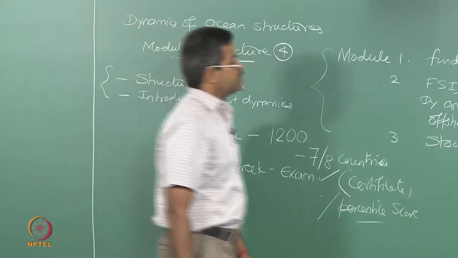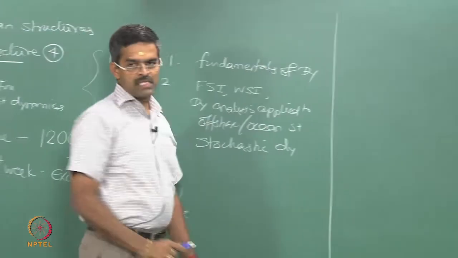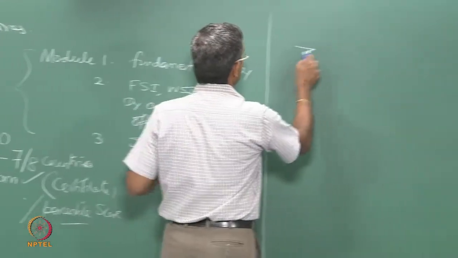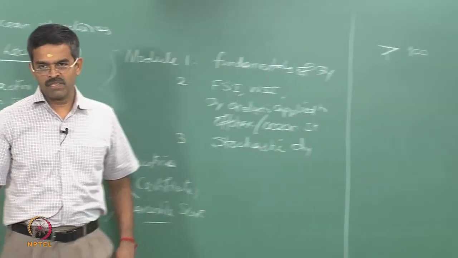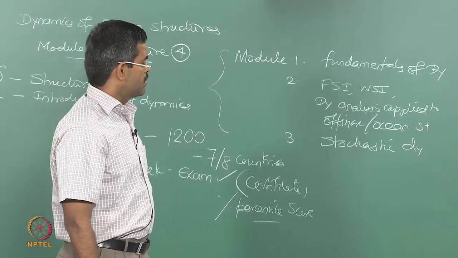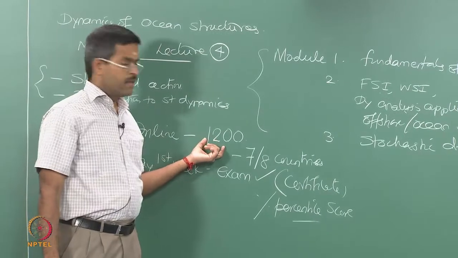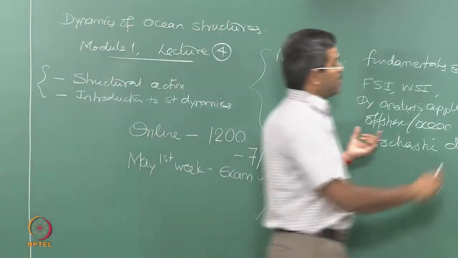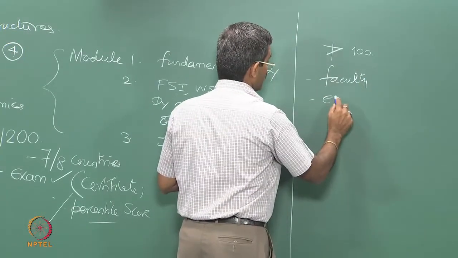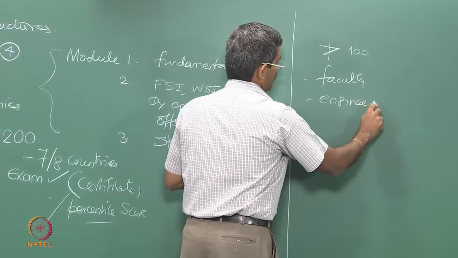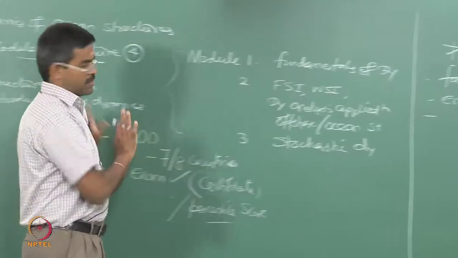So far, in the IIT system you would have obtained a certificate or a grade with a maximum sample size for a PG class of this order not exceeding 100. That is the maximum sample size for a PG class in IIT, at least in IIT Madras. Now, here you have a denominator of 1200, and this 1200 will include many faculty, many engineers, practicing professionals, many graduates who have already studied dynamics.